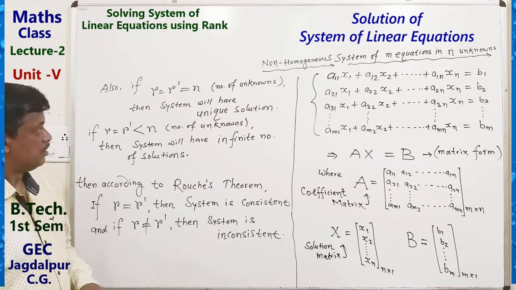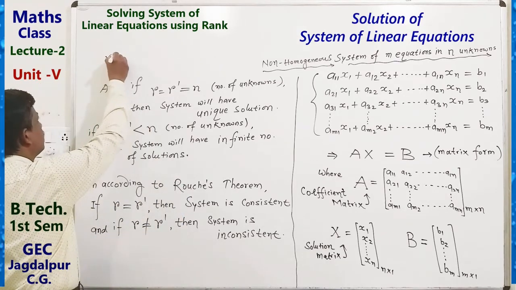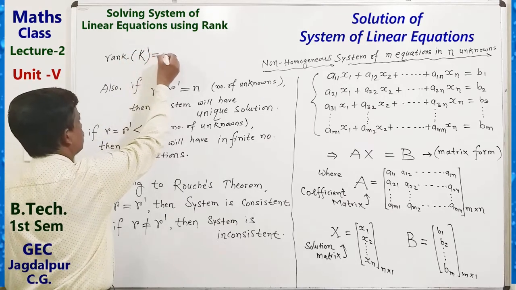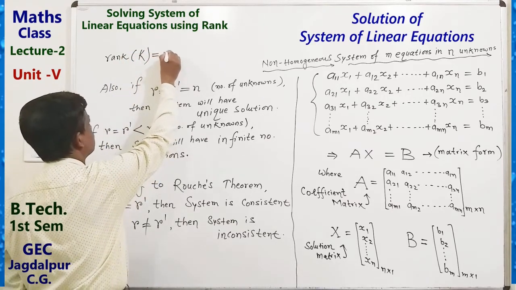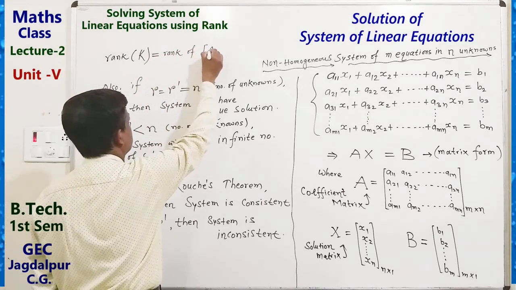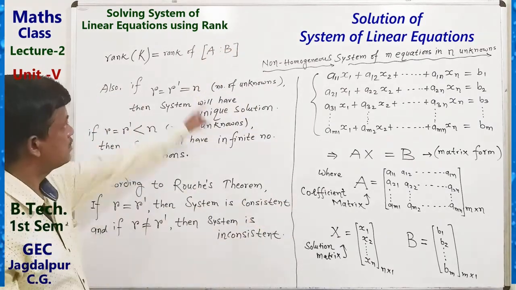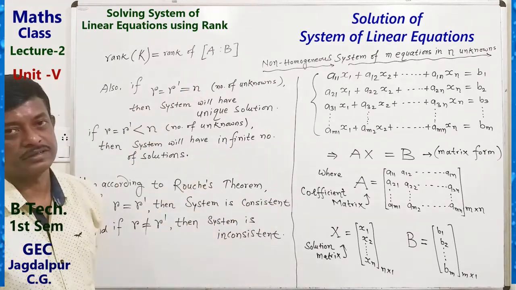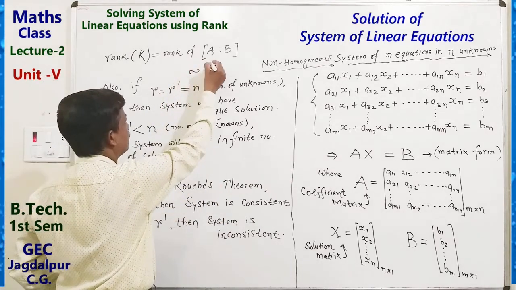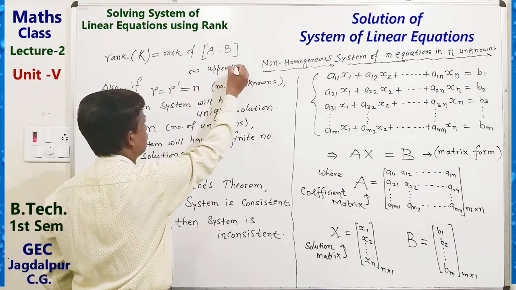Okay. So our target is what? Finding rank. Rank of K equals rank of A, B, where A is the coefficient matrix and B is the right side matrix in the matrix form. So just convert it to upper triangular form.